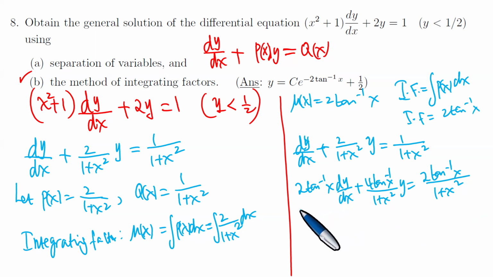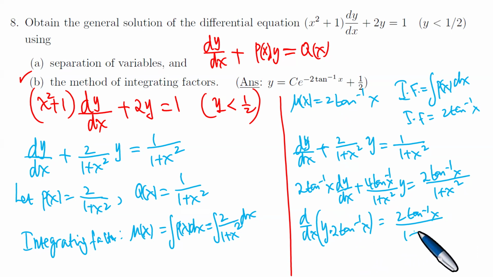So you multiply it through by the integrating factor, which is this one. But when you multiply, then it becomes the same as d dx of y times 2 arctan x, which equals 2 arctan x divided by 1 plus x squared.